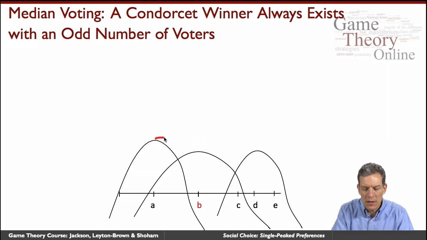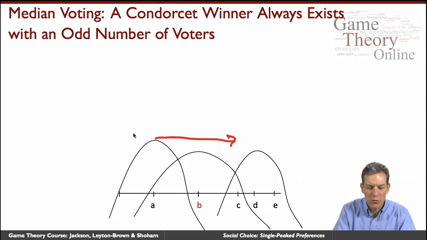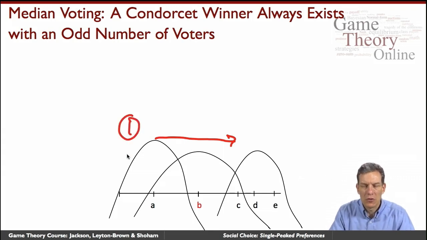How could they change the median? They would have to announce a peak over here, C, D, or E. And all of those alternatives are worse than B. So by misrepresenting their preferences, person 1 would actually do worse.